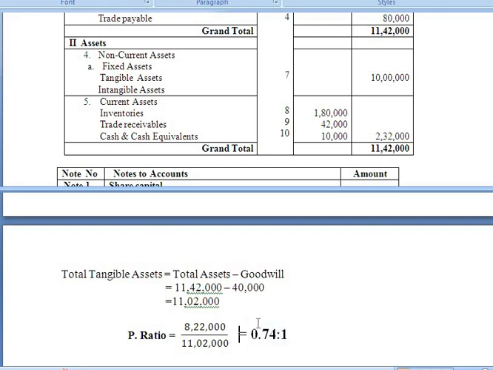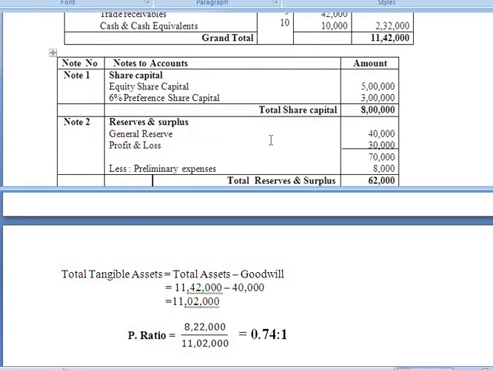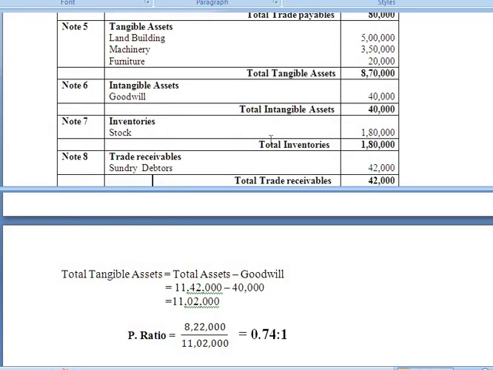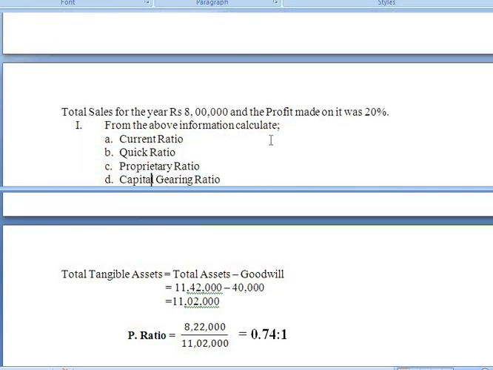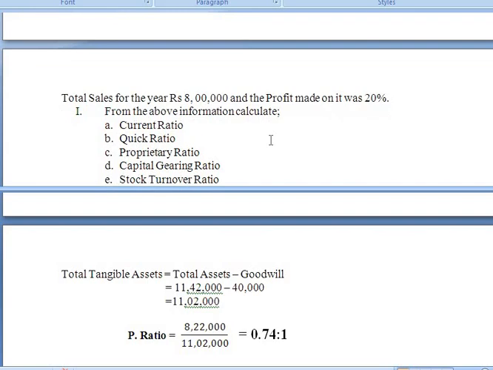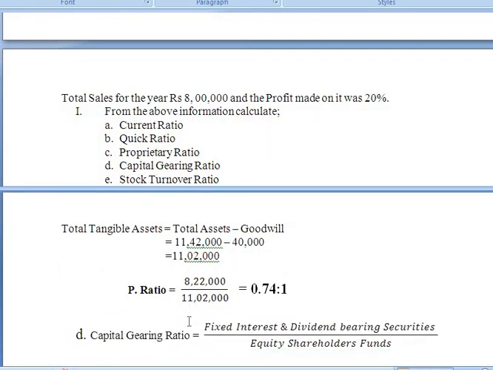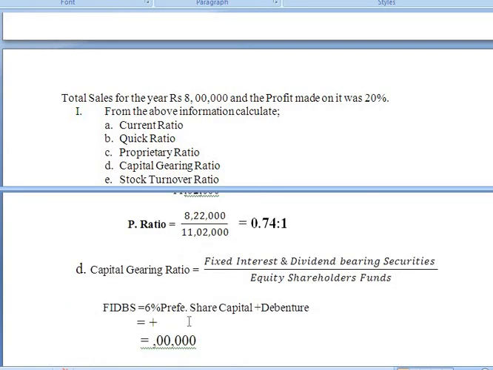Now after proprietary ratio, we'll check which ratio we need to calculate. Okay, we have done current ratio, quick ratio, proprietary ratio. Now the fourth one is capital gearing ratio. And what is the formula of capital gearing ratio? So next line right here, capital gearing ratio is equal to fixed interest and dividend bearing funds or securities divided by equity shareholders funds.